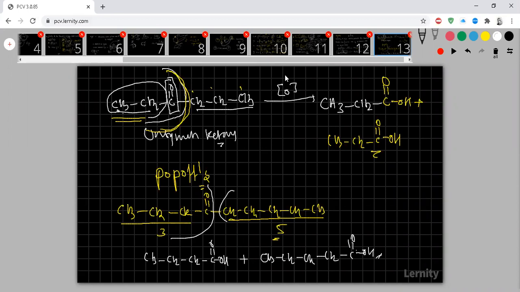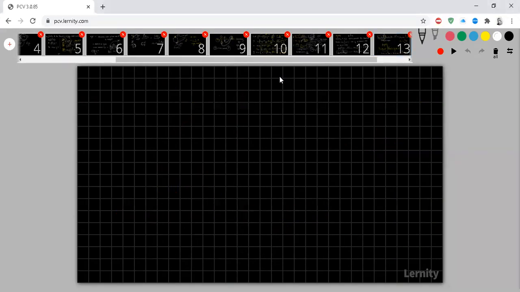Someone asked this question: Sir, could you explain aldol condensation in acidic medium? Right? So first, did you understand this one? Someone asked me about this Popoff's rule. So for the acidic medium, let's try to understand the aldol condensation mechanism. Let's take CH3, C=O, CH3. Oxygen is having 2 lone pairs.